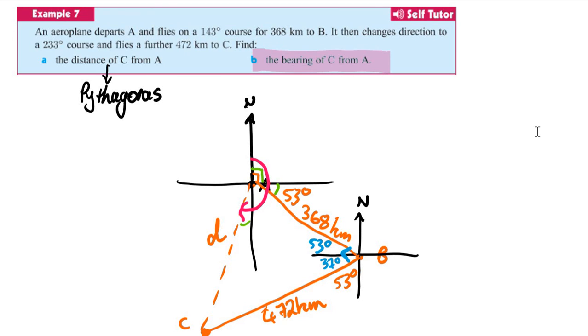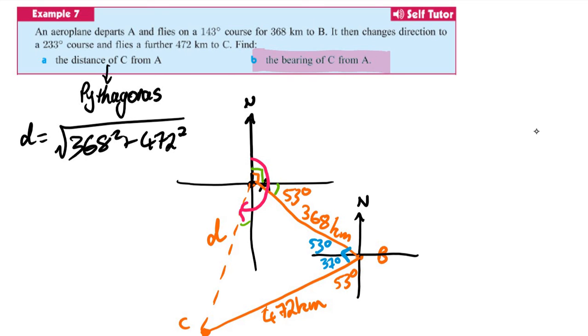Okay, for part A, using Pythagoras, that's the hypotenuse, so the distance would be the square root of 368 squared plus 472 squared, which is approximately 598.5 kilometers. The bearing, there's multiple ways we can do it.